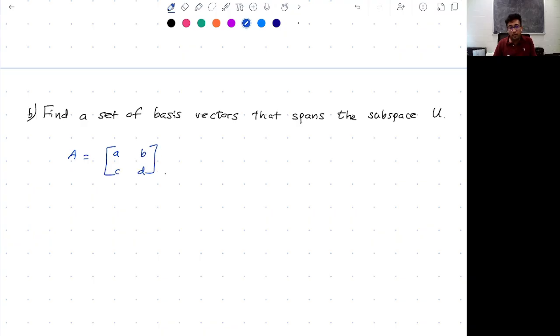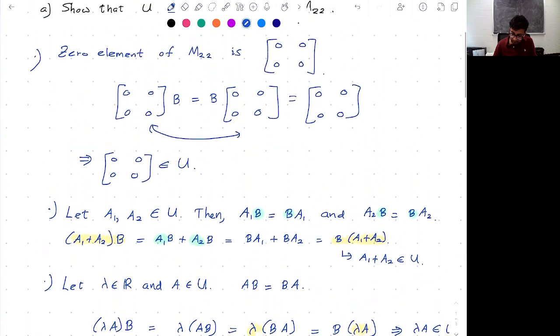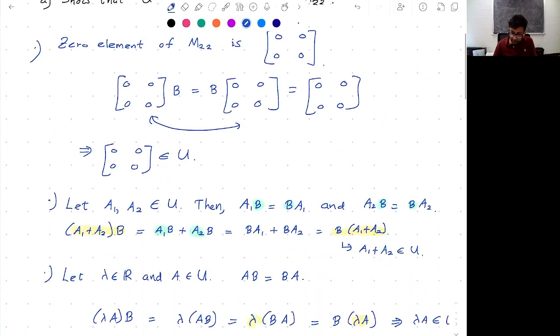Okay, and if A belongs to U, then what happens? Then AB equals BA, or in other words, A commutes with B. So A is A, B, C, D, and matrix B is 1, 1, 0, minus 2.